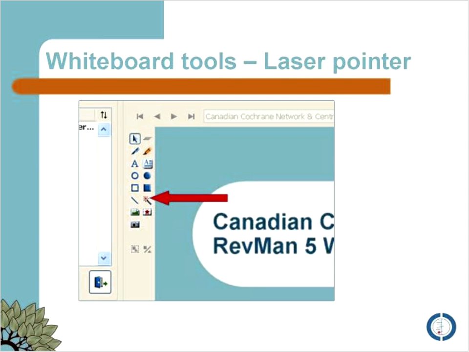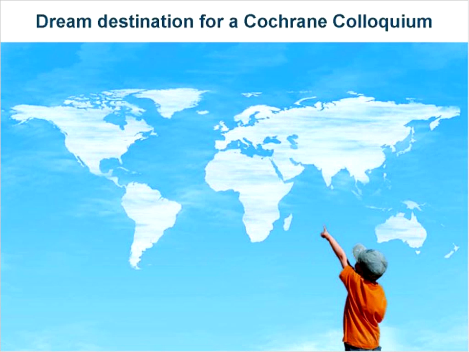Let's also take a look at the whiteboard before we move on to the RevMan 5 part. As you can see from the diagram on the whiteboard, there is a laser pointer. For this next part, if you could just use your laser pointer, as you can see it's shown on the board. If you had your dream destination for a Cochrane colloquium, where would it be? Maybe it's a place that the colloquium's already been in. Maybe it's a completely different place.